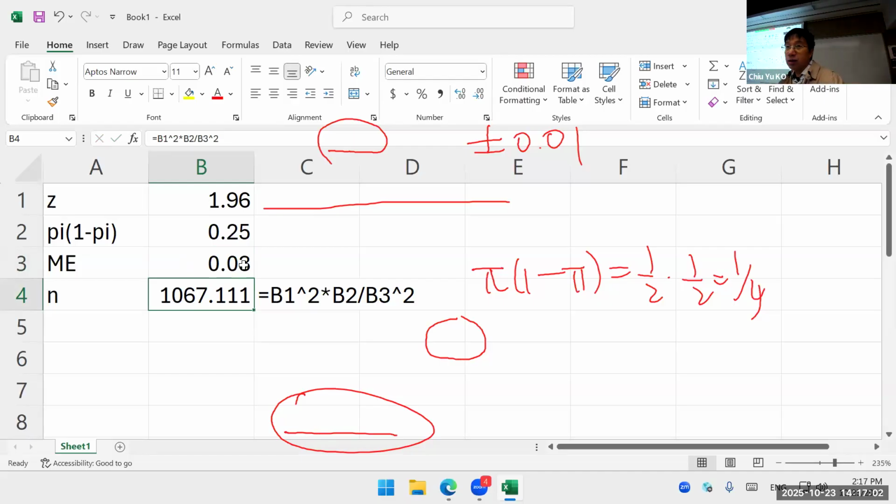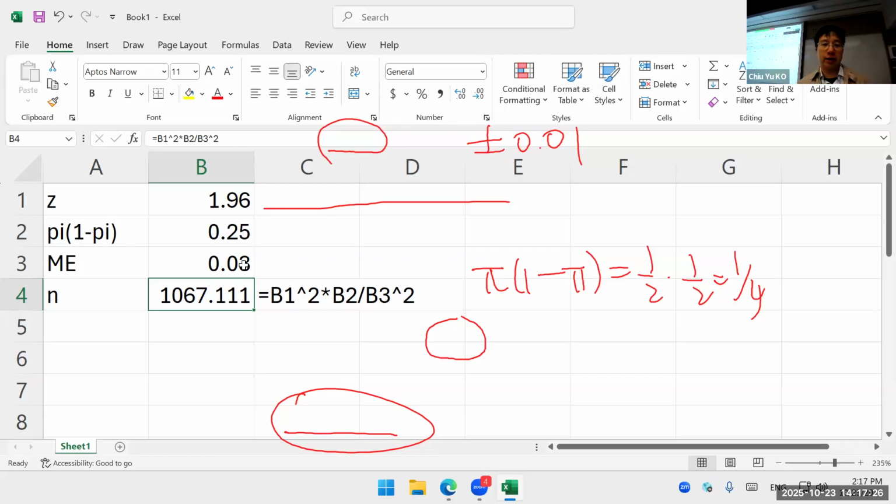If you ever look at the US election polls, they often do the survey with around 1,000 people, and they will tell you the margin of error is like 2 to 3%. That's where it comes from. So if you do a survey of 1,000, then you have a margin of error of 3%.